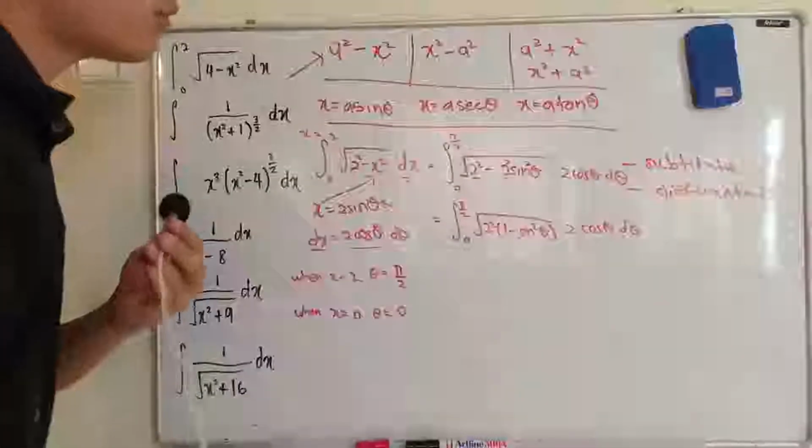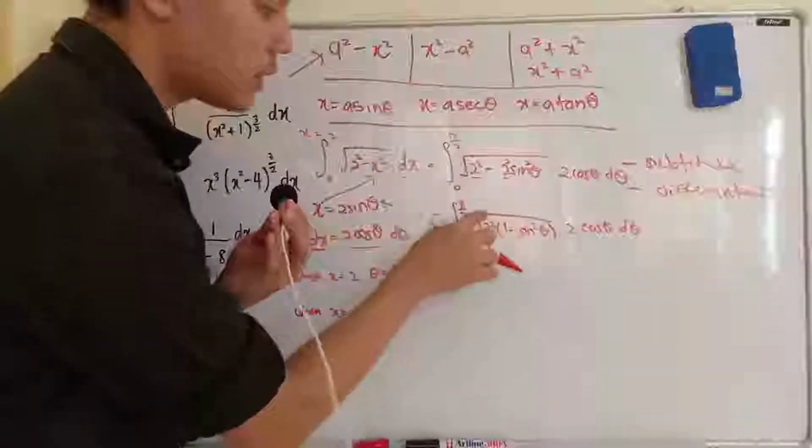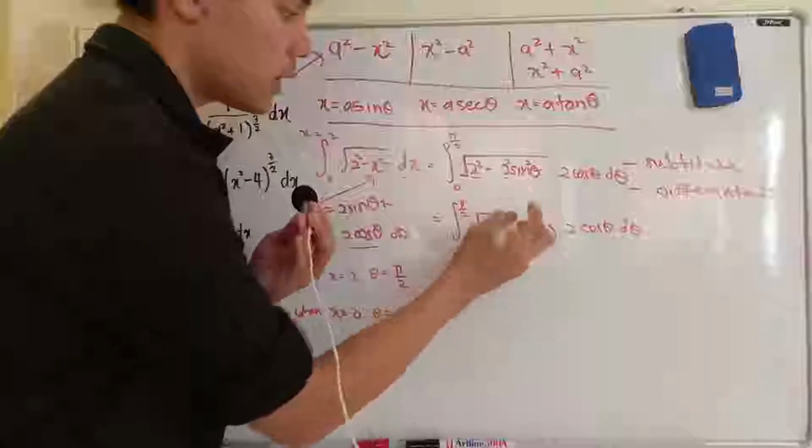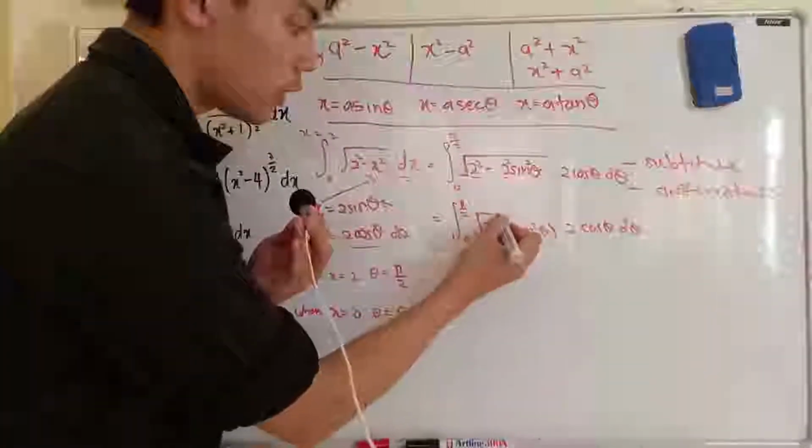Now what you're going to do is just split the square root. You're going to have 2 over here as well.